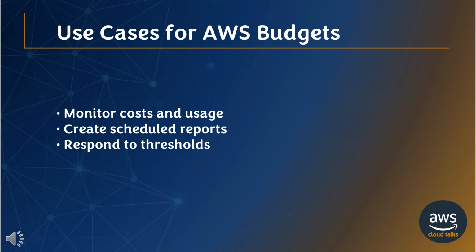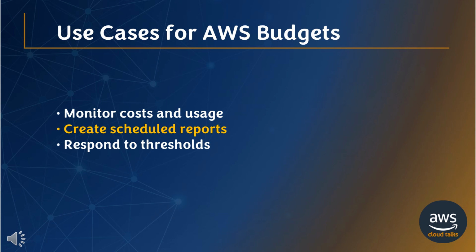Let's explain each of these use cases. Monitor costs and usage: AWS Budgets allows you to set your preferred budget period to daily, monthly, quarterly, or annually. In addition, you can create specific budget limits for a period.